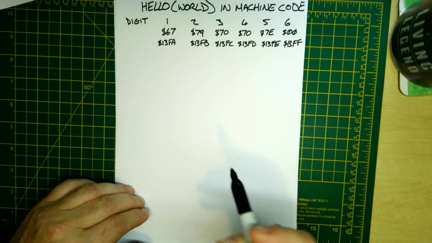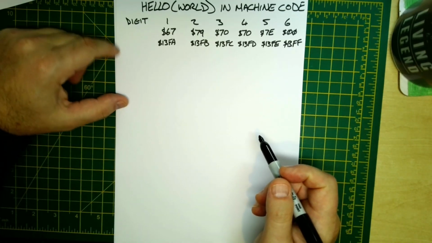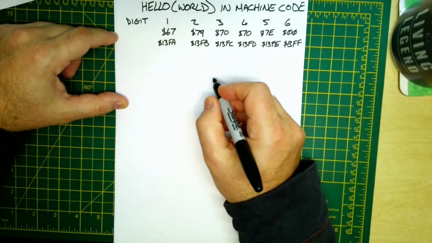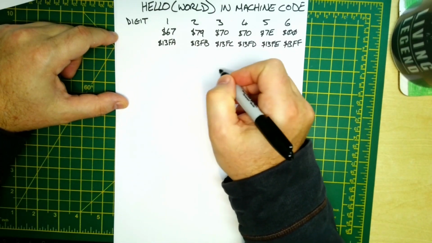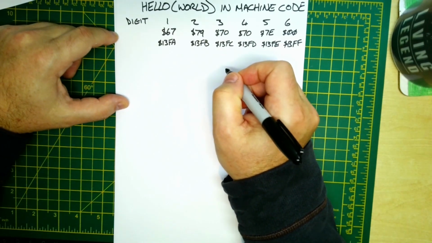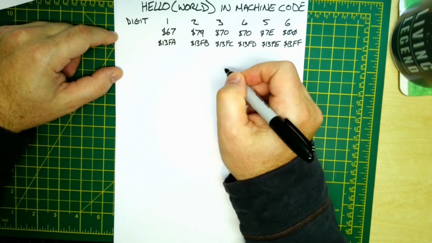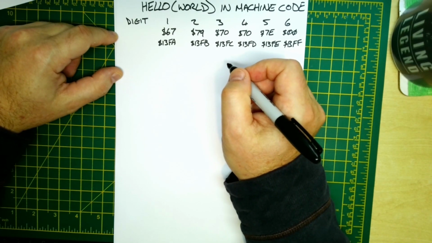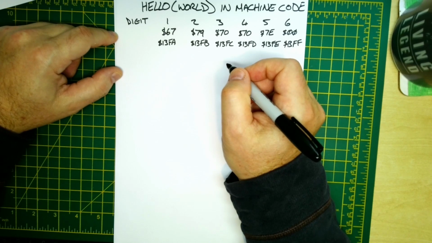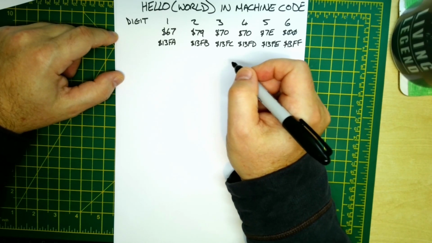So let's start our simple Hello World program. To start with, I'm just going to use the assembler mnemonics. Then we'll allocate addresses to each of the rows, and then we'll hand assemble the mnemonics into machine code.